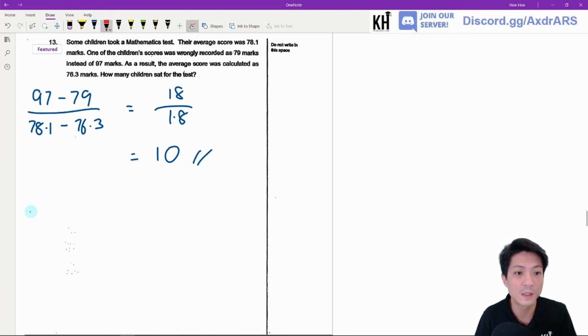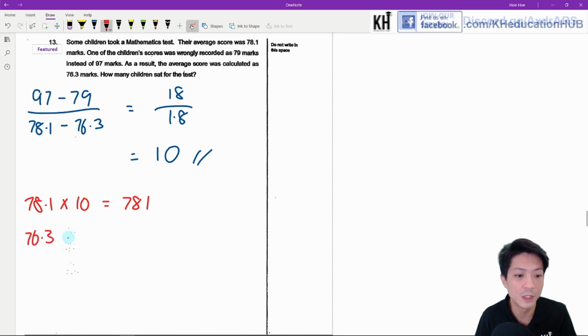What we can do is we can check if the answer is correct by working backwards. Okay, since there are 10 children, right? Okay, the correct score was 78.1. If you times 10, you're gonna get 781, right? Okay, and then the wrongly calculated score will be 76.3.